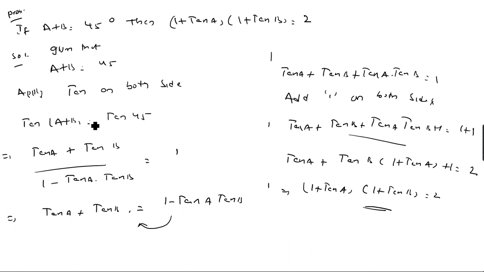So tan of A plus B is equal to tan 45, and the formula for tan of A plus B is tan A plus tan B by 1 minus tan A tan B. We simplify and get tan A plus tan B plus tan A into tan B equal to 1. But in the solution we need 2. For getting 2, we just add 1 on both sides, we get tan A plus tan B plus tan A into tan B plus 1 equal to 2, and we take the common element. Finally we get 1 plus tan A into 1 plus tan B equal to 2.